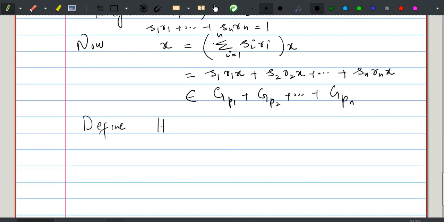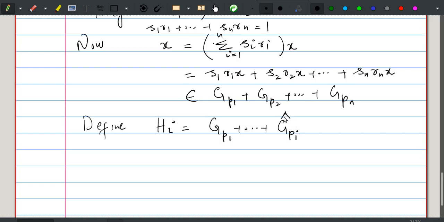To prove that, let us define hi to be the sum of all primary components except the i-th component. So this i-th component is omitted, that is why we are putting a cap here. So hi is the sum of all primary components except this pi component.